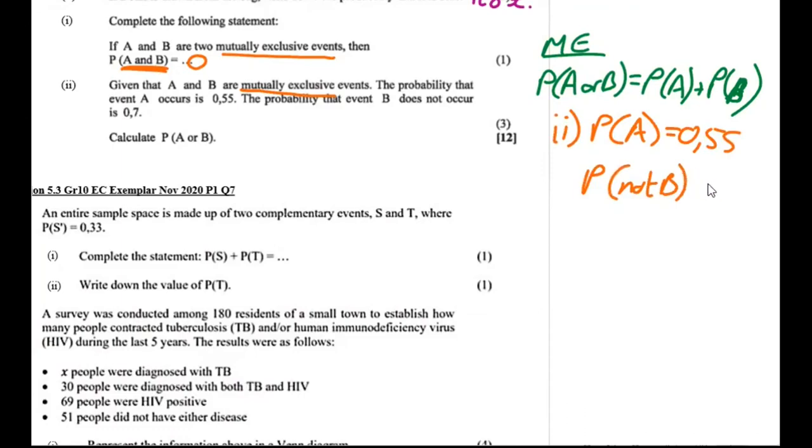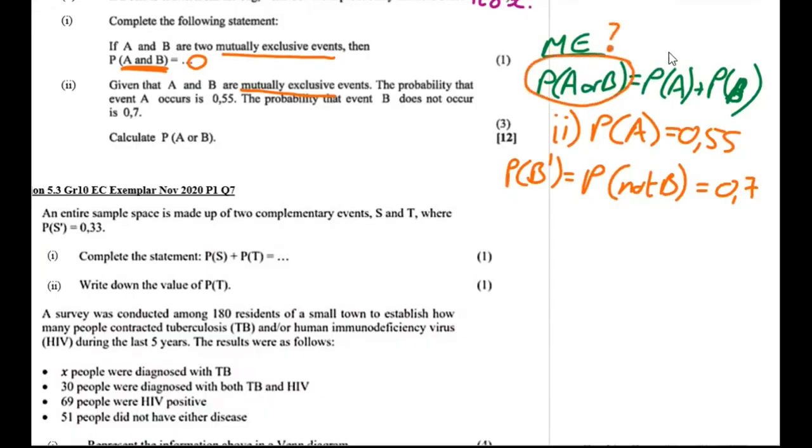Sometimes they do use the notation. Okay, so that looks like this when you write it using the fancy notation. Okay, is 0,7. So now let's just quickly think about it before we start calculating. And if you guys are ready to calculate, great. They said calculate the probability of A or B. So this is what I need to calculate. So that is my question mark.